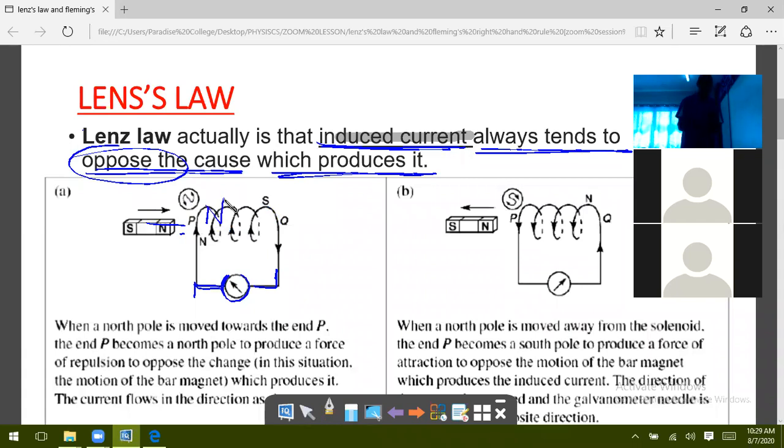Do you know why it has to be a north pole? I am going to explain. It is simply because when the north pole is brought closer, current flows in the direction that is indicated, so that using your right hand grip rule, do you remember?